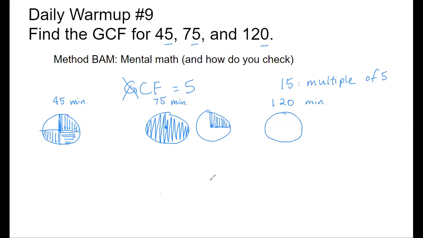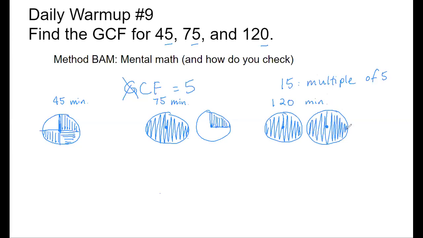Okay, 120, well, that's more than 60. So if I color in that whole thing, that's going to be an hour. And 120, that's 2 times 60, that's 2 hours.